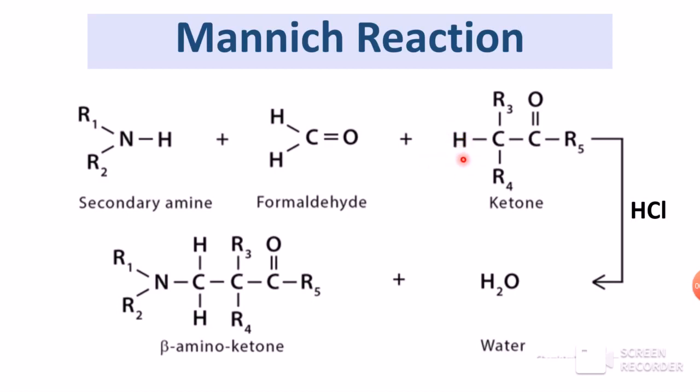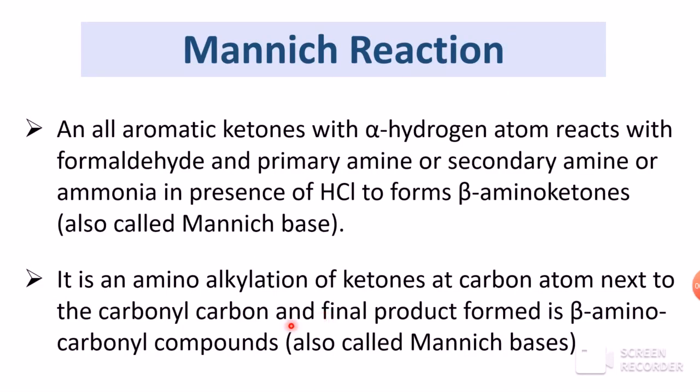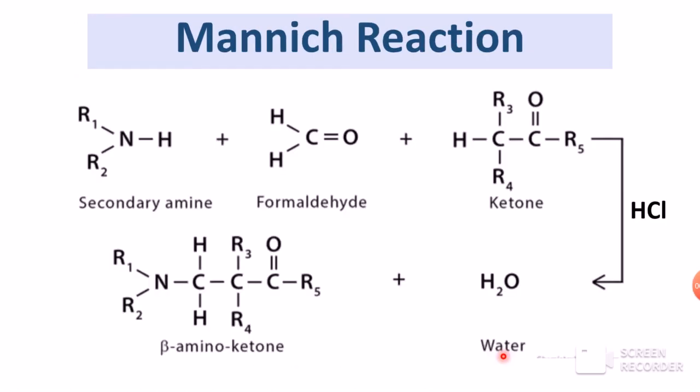So here amino alkylation takes place, meaning the amino alkyl group replaces this hydrogen atom, and then the product formed is a beta amino carbonyl compound or beta amino ketone. It is also called a Mannich base.